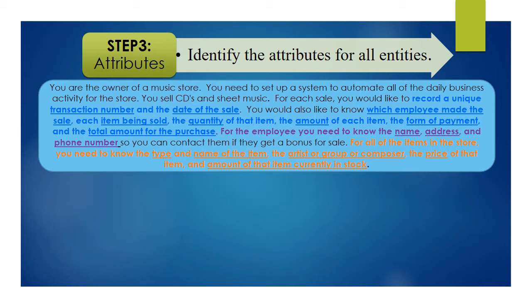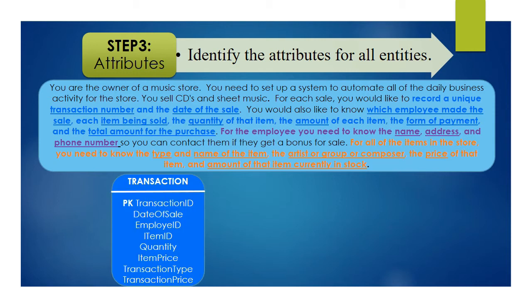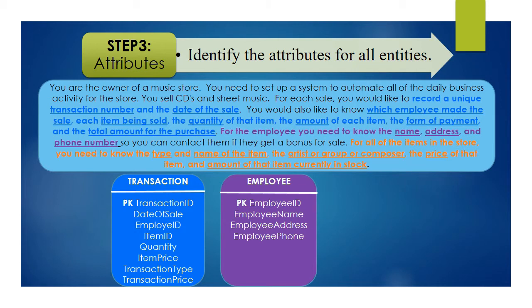For the transaction entity, I have chosen date of sale, employee ID, quantity, item price, transaction type, and transaction price as the attributes. For the employee table, I have chosen employee name, employee address, and employee phone as the attributes. And for the item table, I have chosen item type, item name, artist, composer, price, on hand as the attributes.